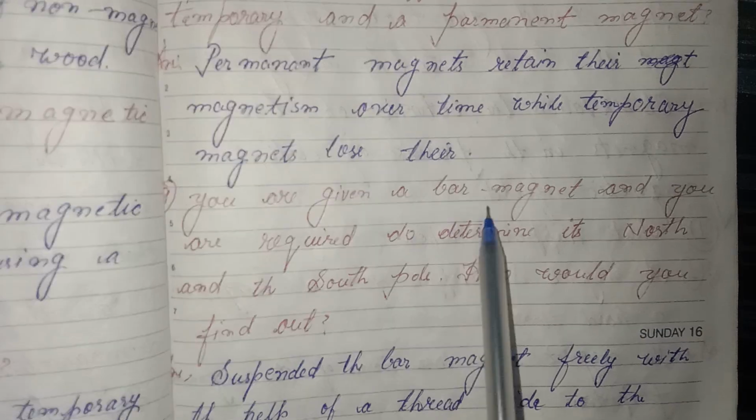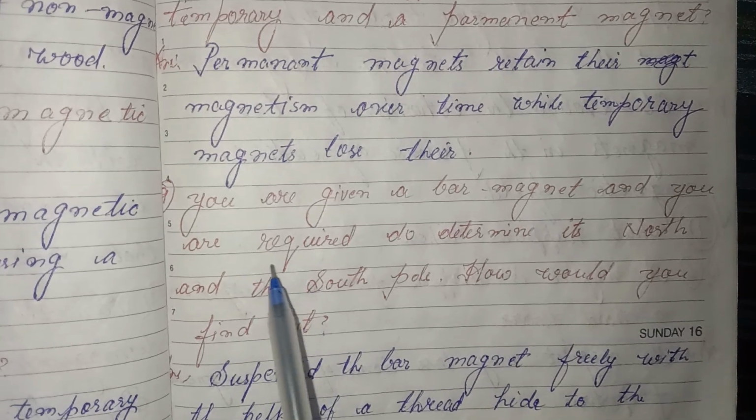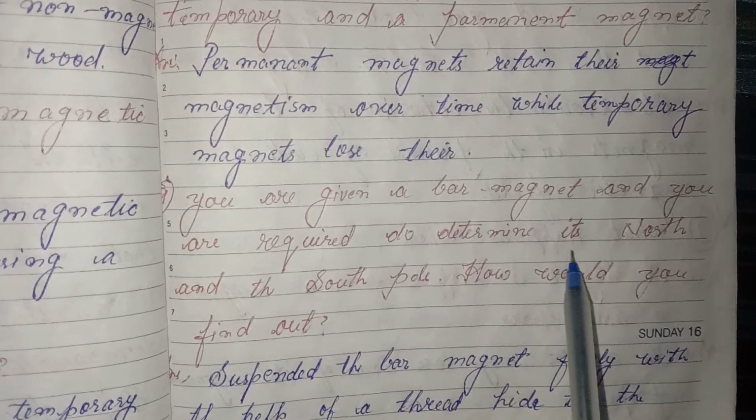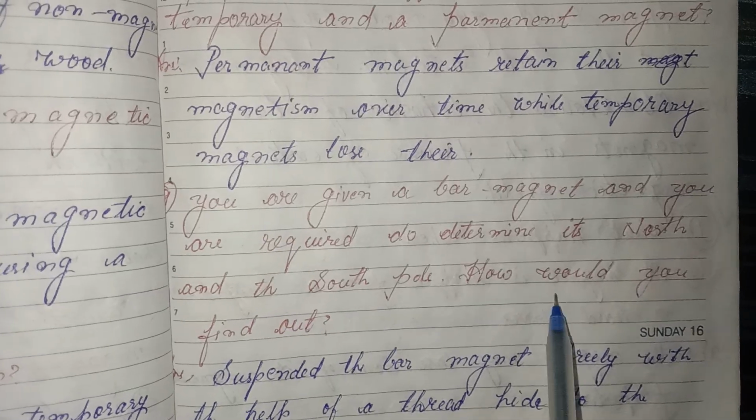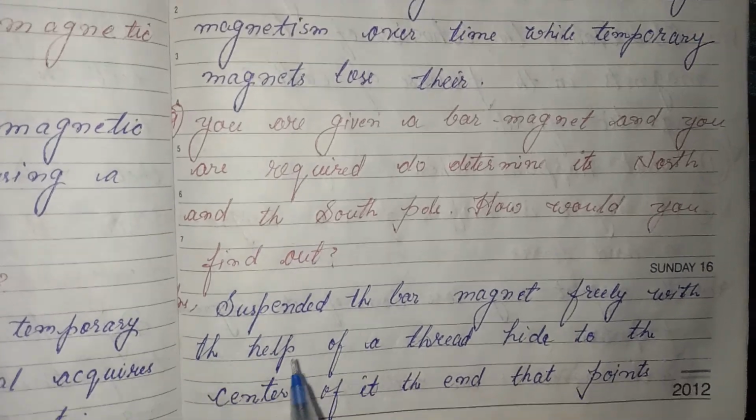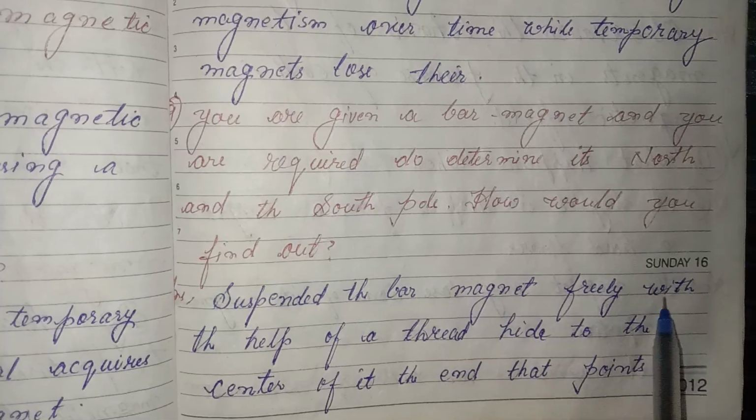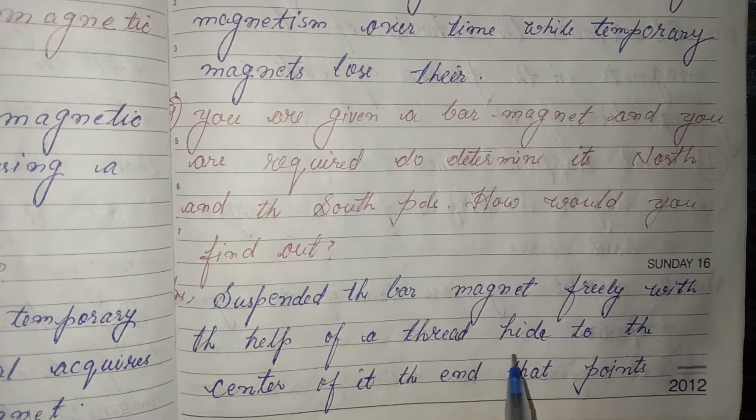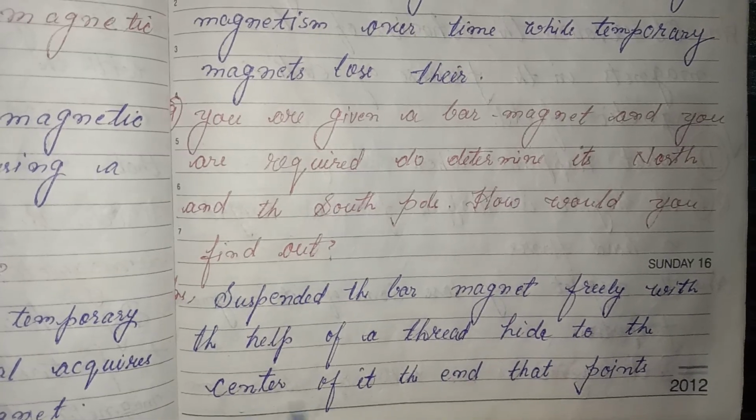9. You are given a bar magnet and you are required to determine its north and south pole. How would you find out? Answer: suspend the bar magnet freely with the help of a thread tied to the center of it.